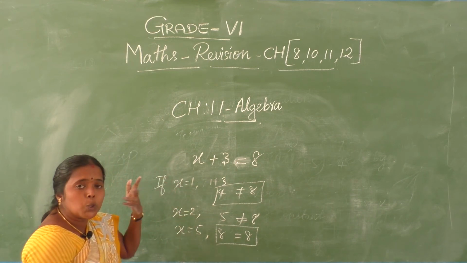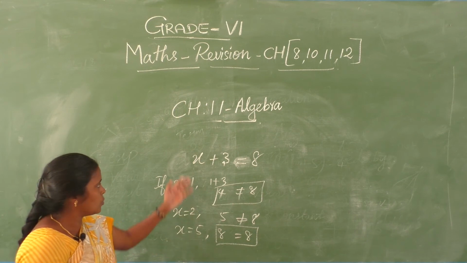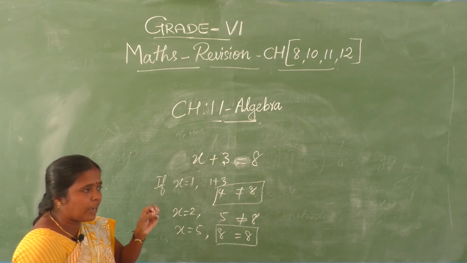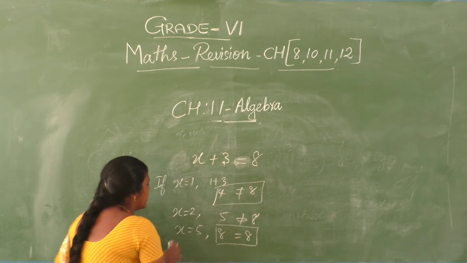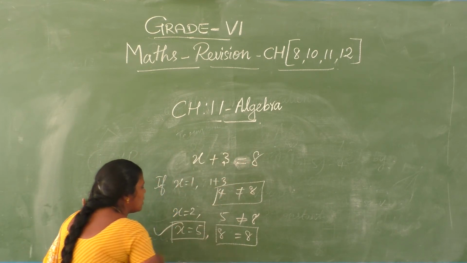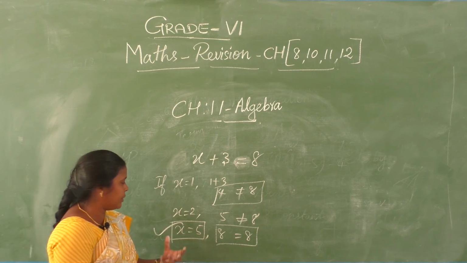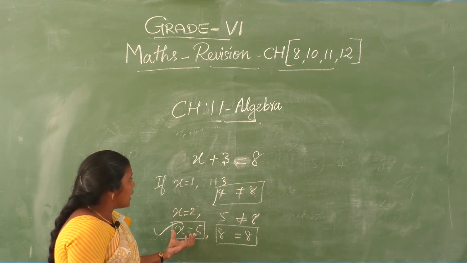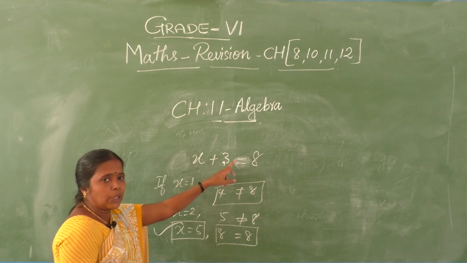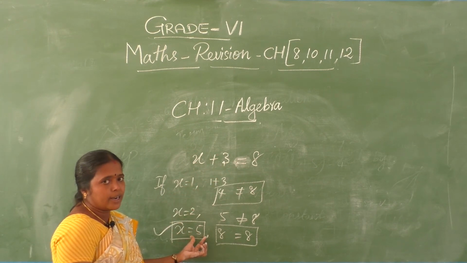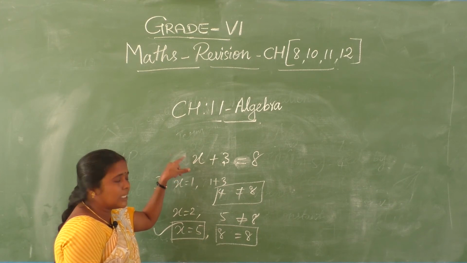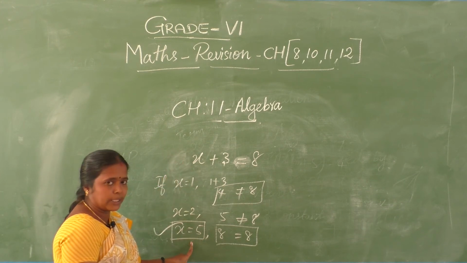You can give 1000 values, lakhs of values for the variable x, but the value which satisfies the condition of the given equation is called the solution of the equation. What I am telling you, children, is that the value which satisfies the condition of the equation is called the solution of this equation. Understood? So now you know what is an equation and what is a solution.